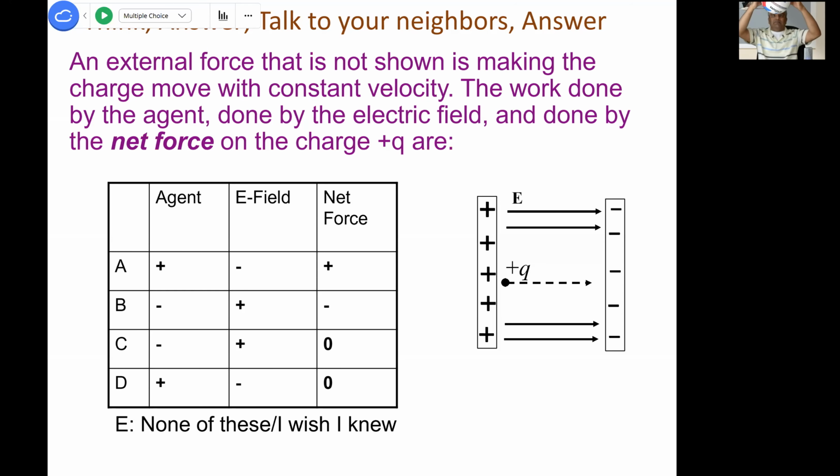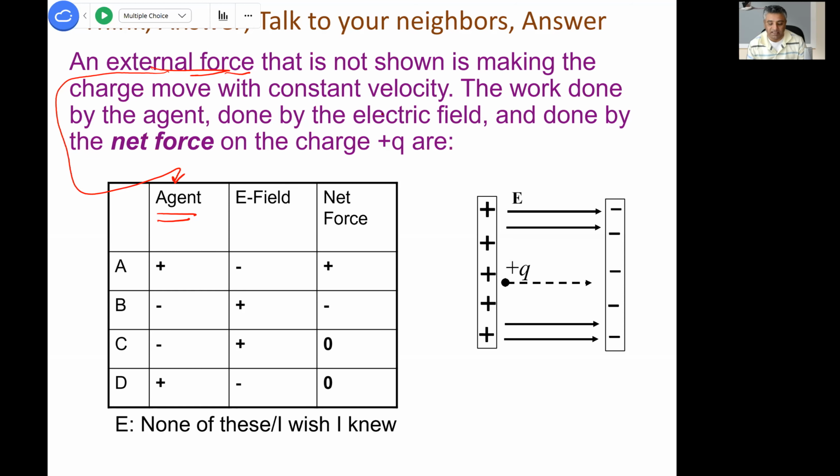But if it is moving with constant velocity this way or that way, that means an external force is in action. That external force is the agent here, and it's making the charge move with constant velocity.